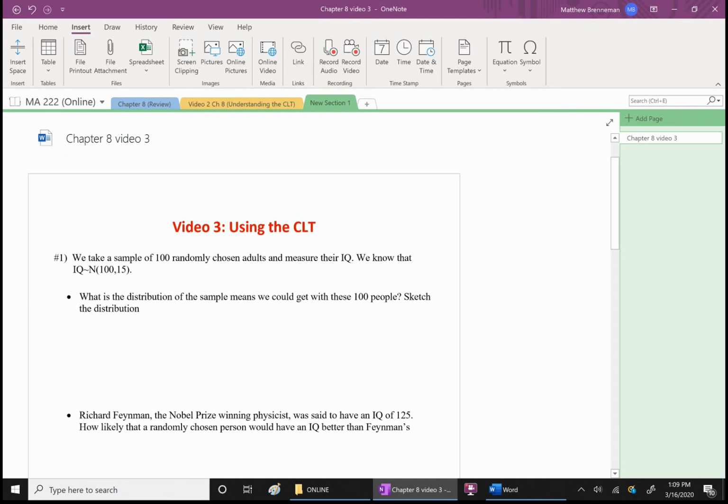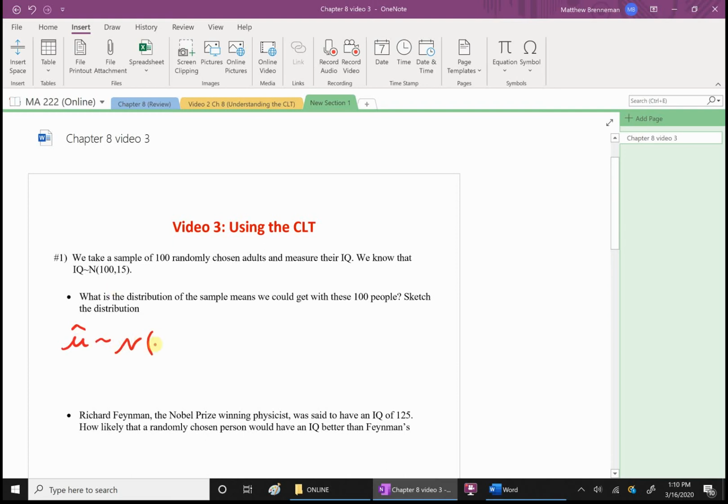And so we want to use the central limit theorem to get the sampling distribution here. Now, you should stop and ask yourself if all of the conditions are satisfied, and sure enough, we have a sample size of at least 30. We have a random sample, and it's not too large. So we're okay. So now we can use the central limit theorem. So the central limit theorem tells us that the sample means are going to have a normal distribution.